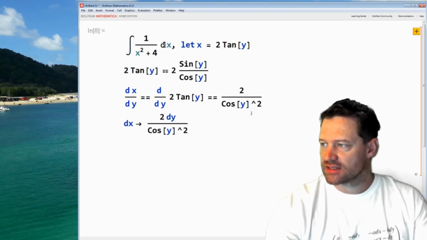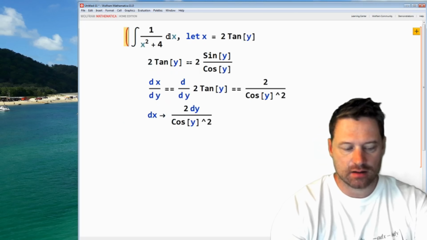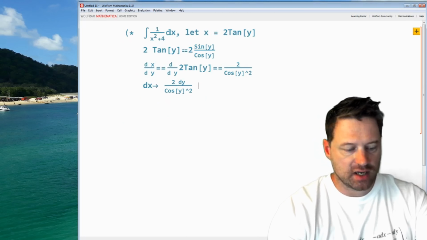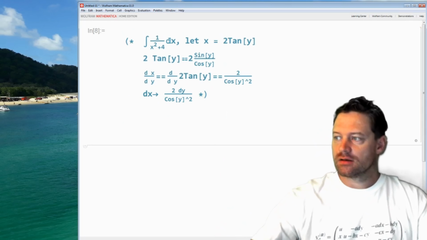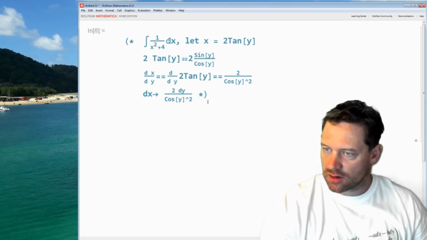Okay, now we can go back to our integral and use that substitution. Oh, whoops, I've accidentally executed this, so I'll come back, turn it into a comment and do it again so I get that side cell notification out of the way.